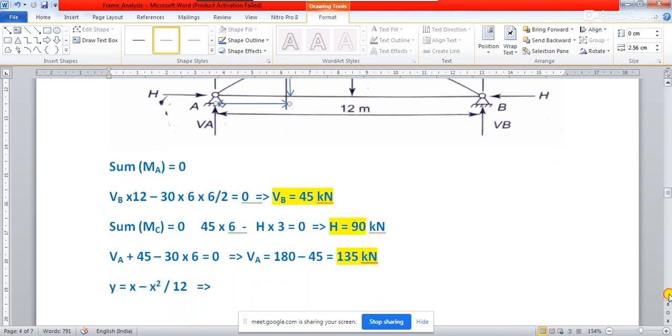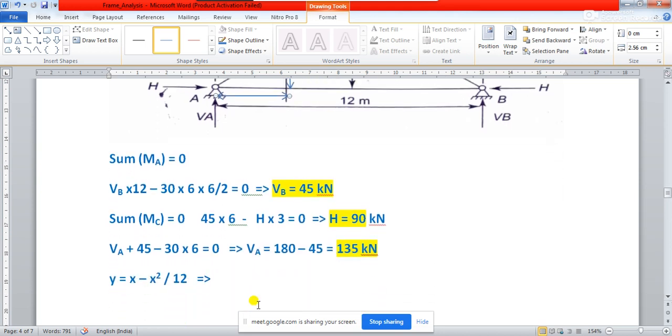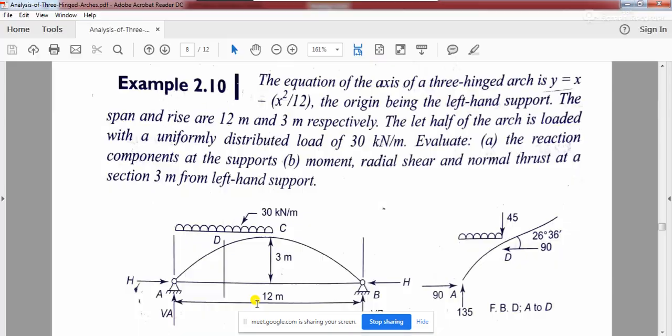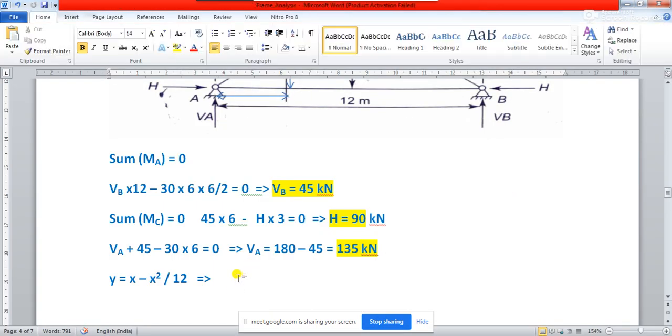So if that distance is 3 meter, have I written the equation correctly? It's correct, so it's going to be y is equal to 3 minus 3 square, that means 9 by 12. So how much will it come?